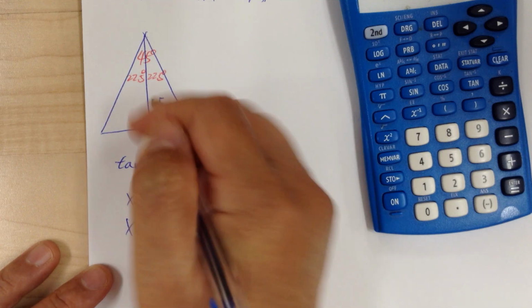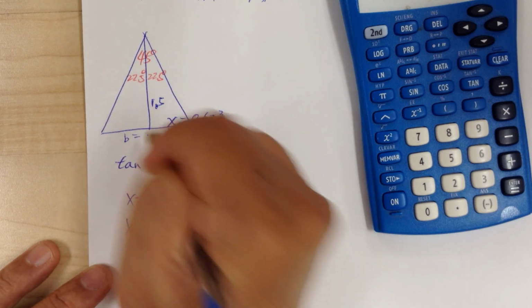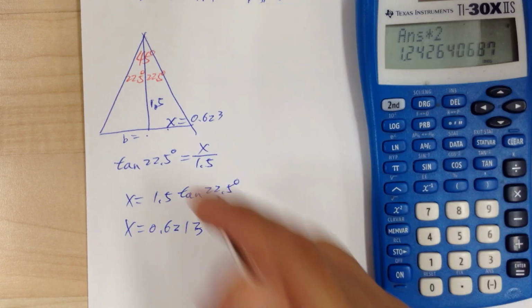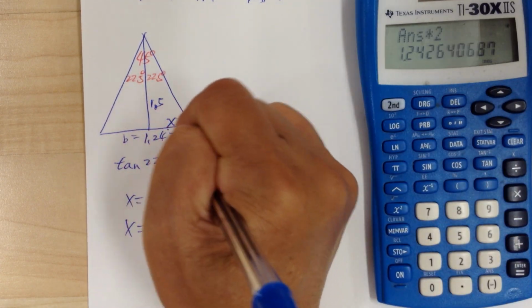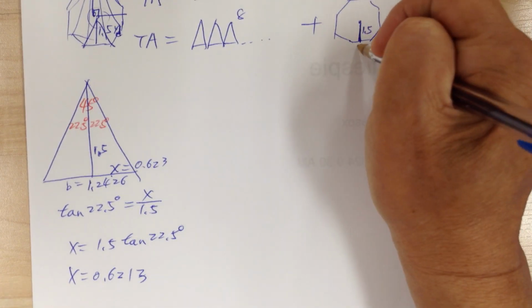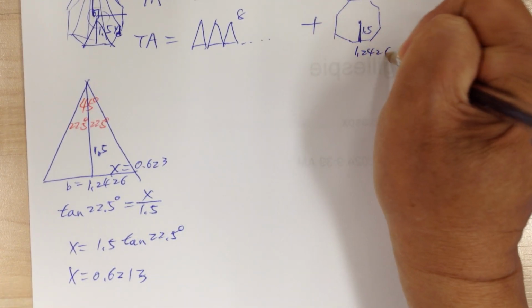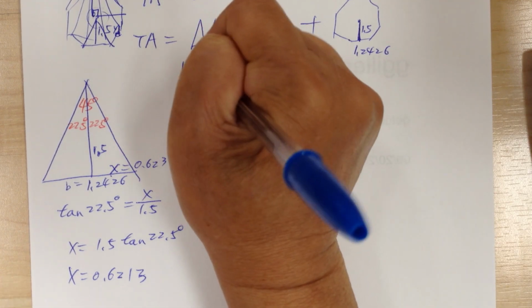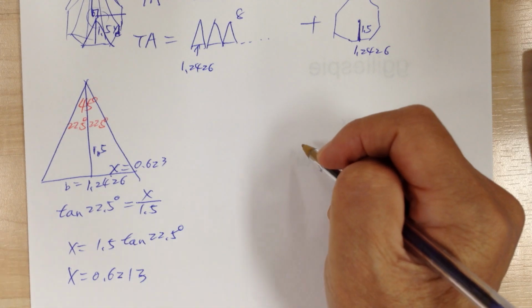Okay? So I'm going to figure out the small b, the base. So times it by 2, so it'd be 1.2426. So each side is equal to 1.2426.